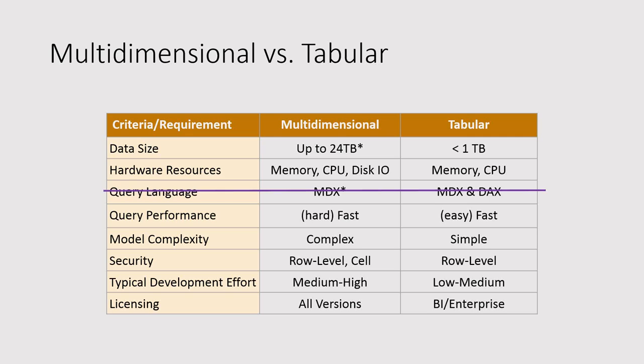The next item is security. Both of these models handle row-level security, and that is going to be the majority of the cases out there. Whenever security is involved, you have certain sales managers who you only want to be able to see sales for their regions. That's row-level security.